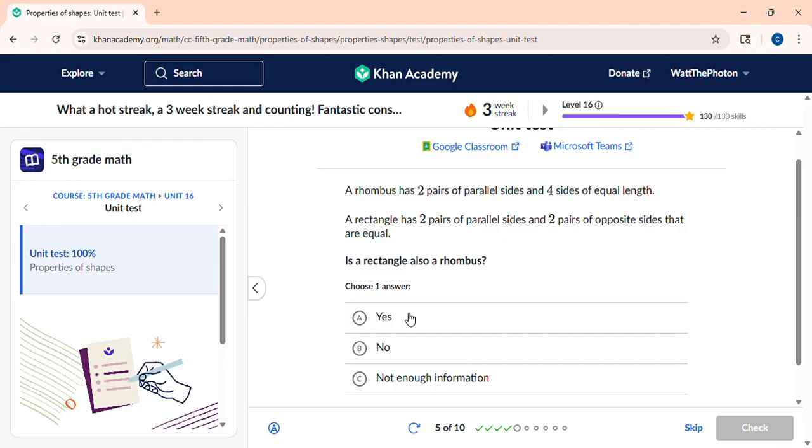A rhombus has 2 pairs of parallel sides and 4 sides of equal length. A rectangle has 2 pairs of opposite sides that are equal.